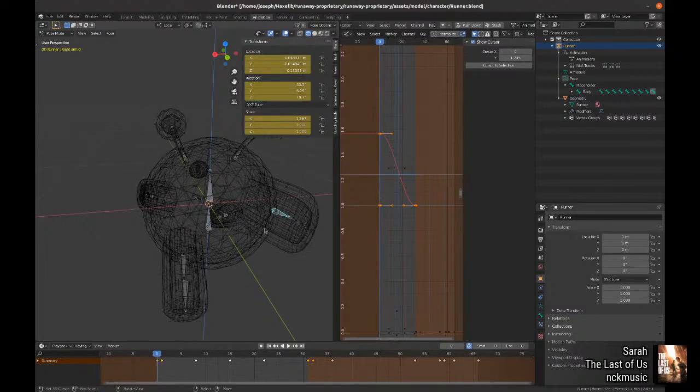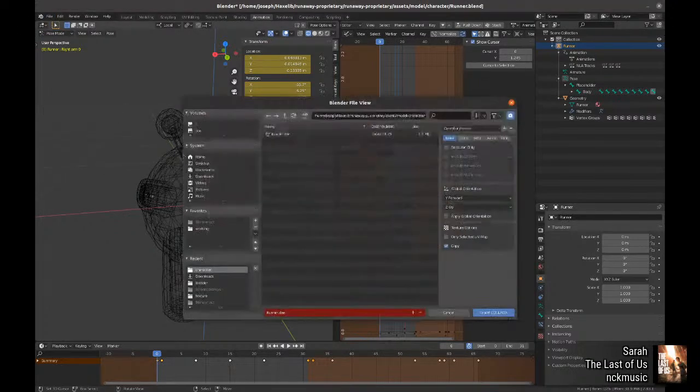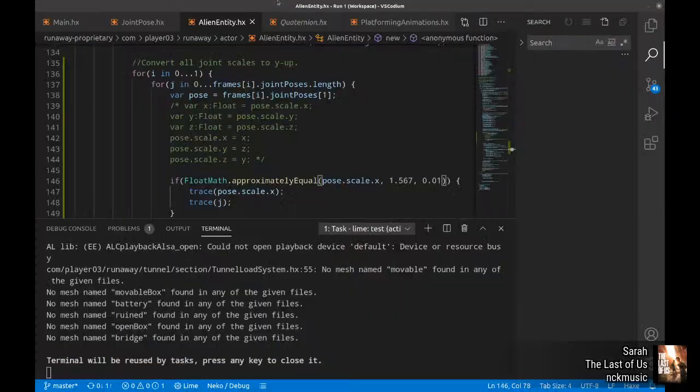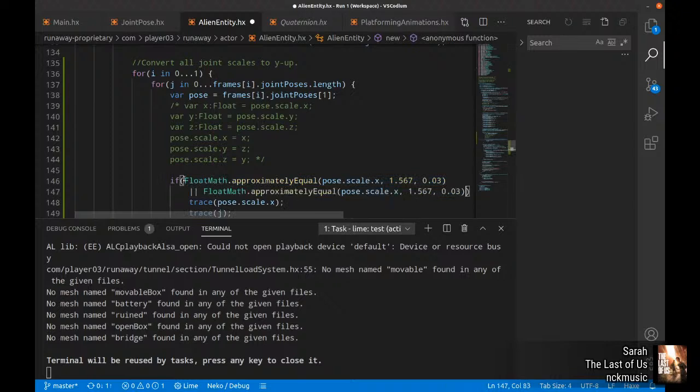It's .567 x. I exported it, didn't I? You saw me. Oh, wait.